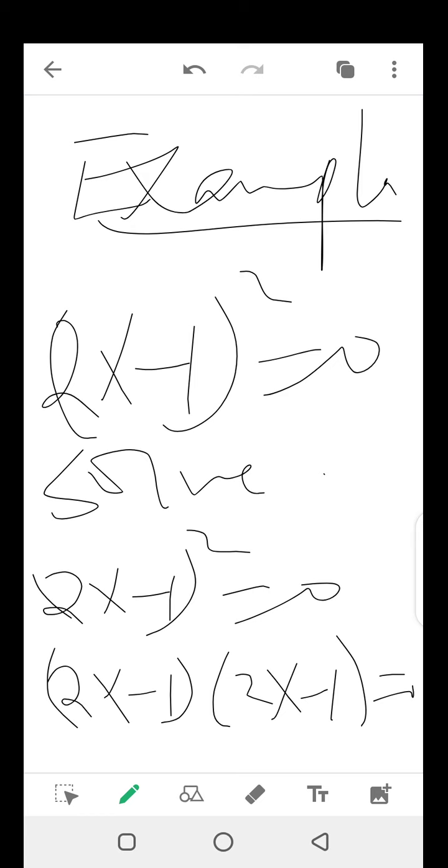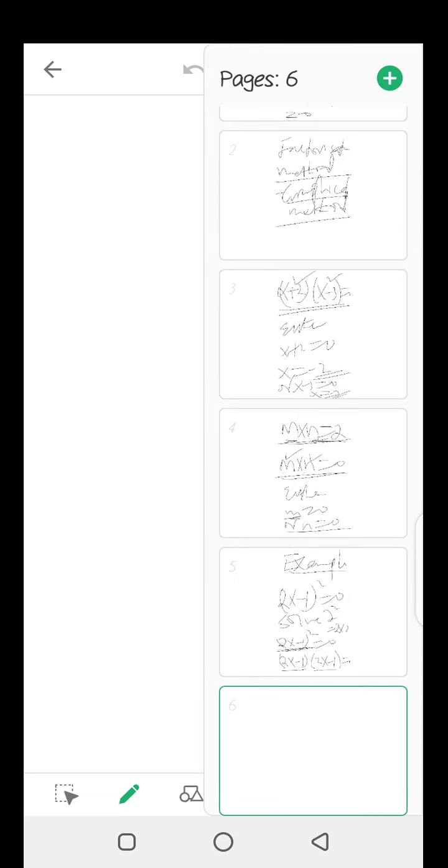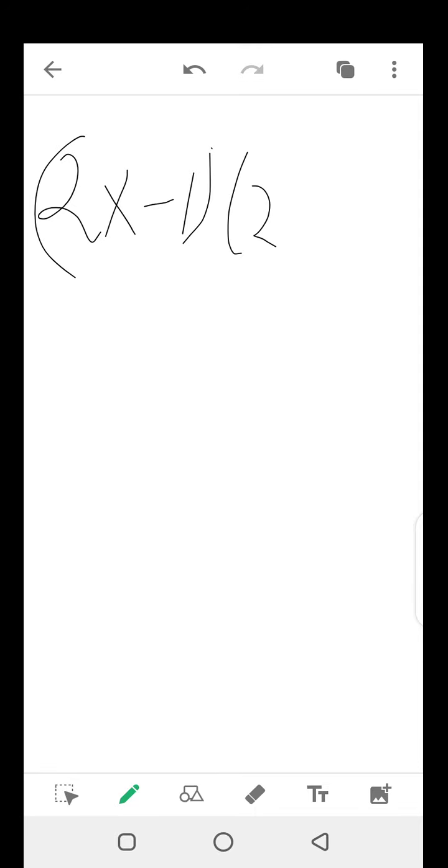Why am I saying this? When you have 2 squared, it is 2 times 2, isn't it? So likewise, if you have this one squared, it means it is this times this very one equals 0. So now we have 2x minus 1 into 2x minus 1 equals 0.